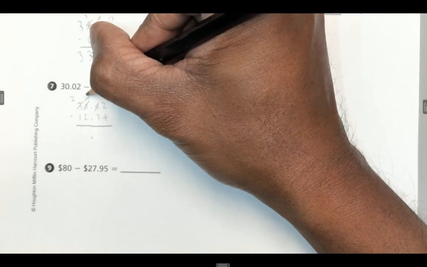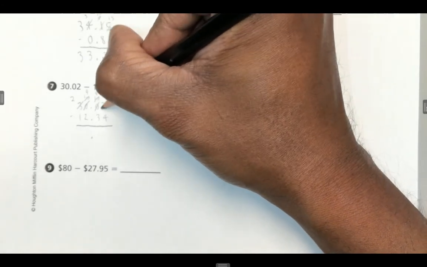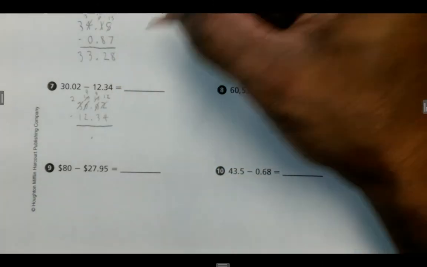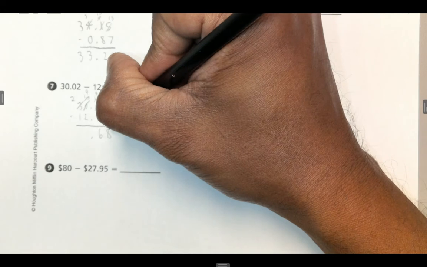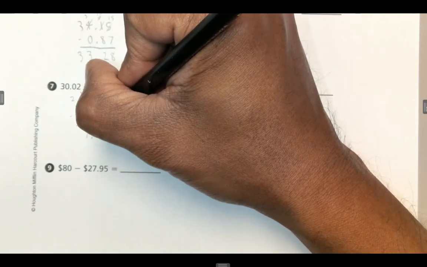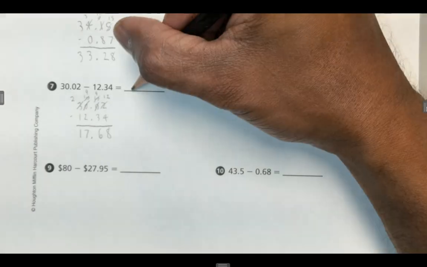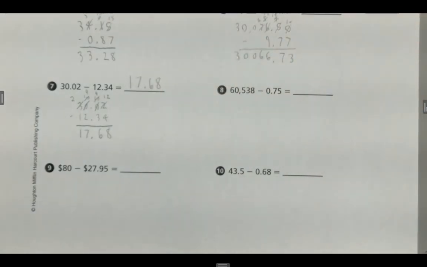This 10 becomes a 9. This 10 becomes a 9. Finally, the 2 that needed to borrow originally becomes a 12. 12 minus 4 is 8. 9 minus 3 is 6. 9 minus 2 is 7. 2 minus 1 is 1. 17 and 68 hundredths.